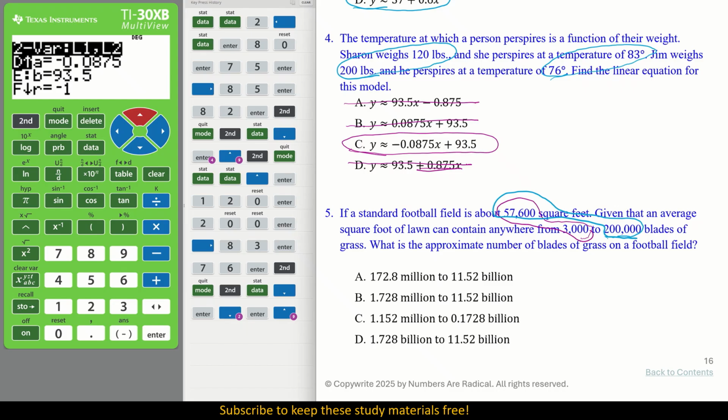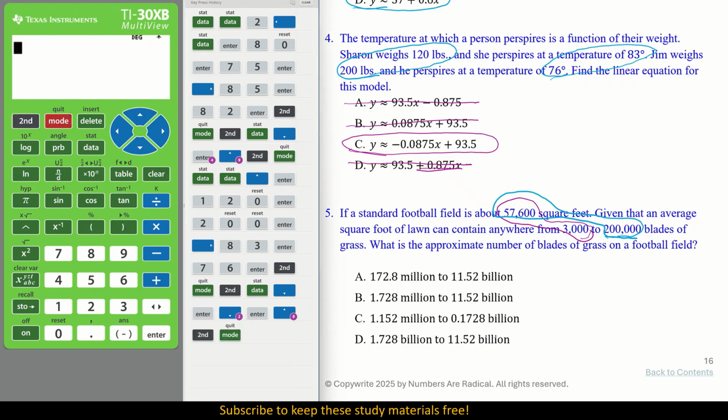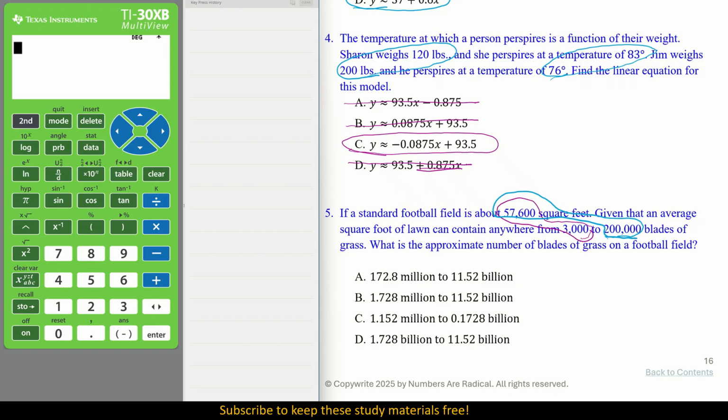What they're trying to do here is get you to show that you understand how to use your values, that you know your place values. So let's clear everything out. Again, if you need to see the buttons I push, you can always rewind the video. So second clear. Let's put in what we need to multiply first.